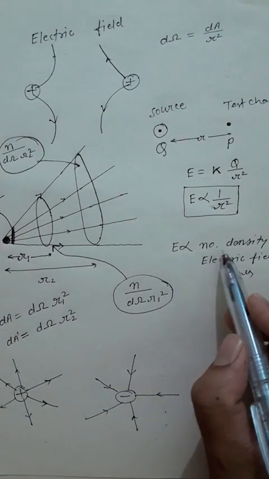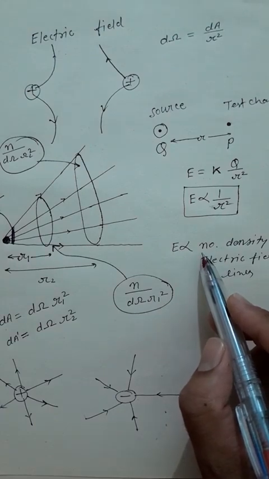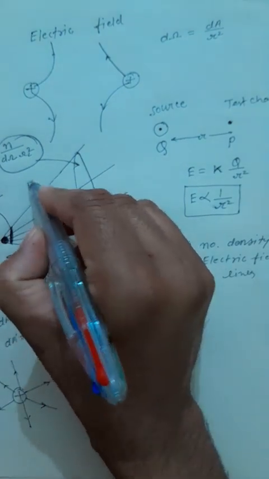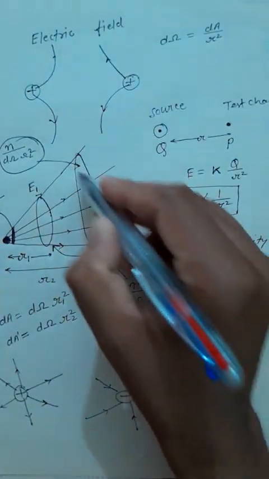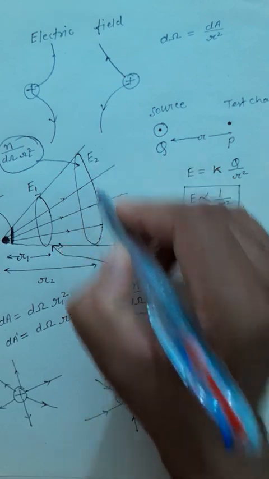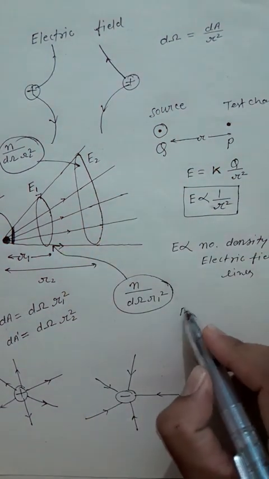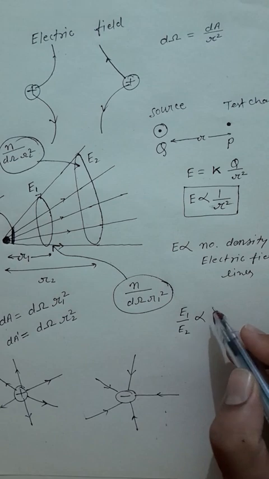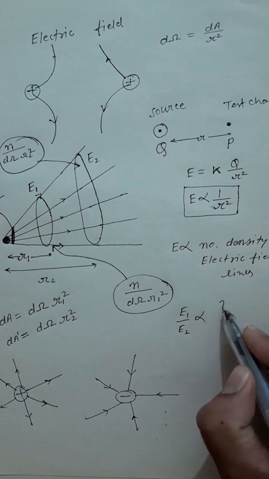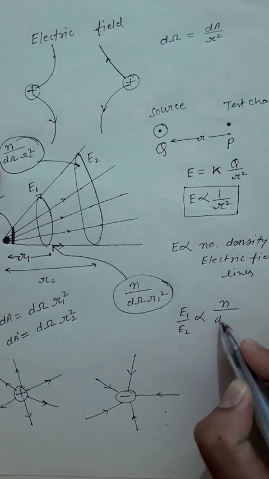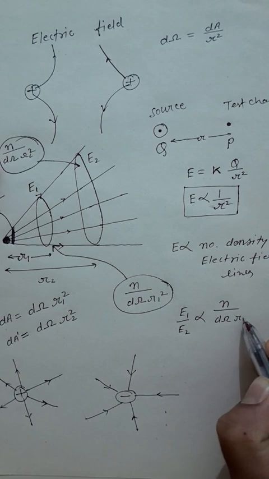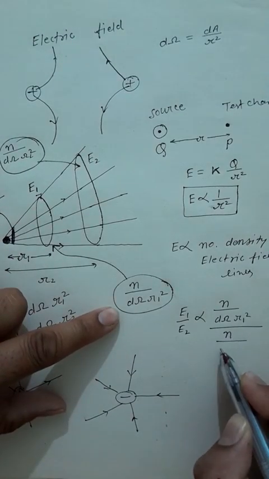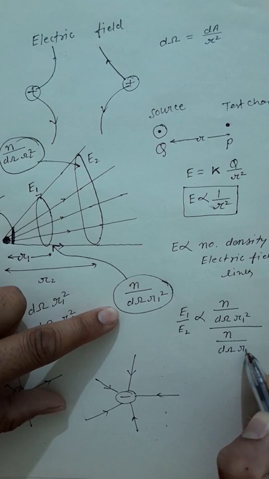And we know the electric field at this plane we can say is E1, and at this plane it is E2. The electric field E1 upon E2 is directly proportional to n upon d omega r1 square divided by n upon d omega r2 square.